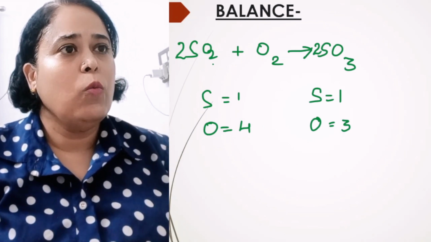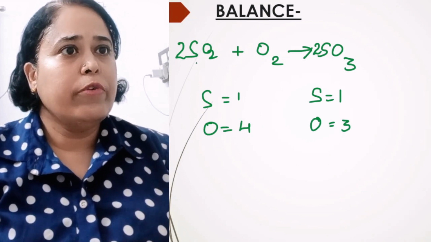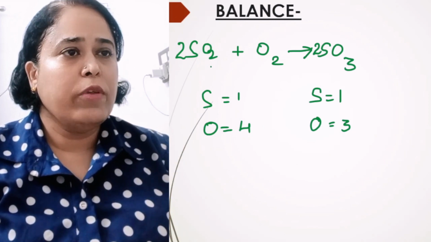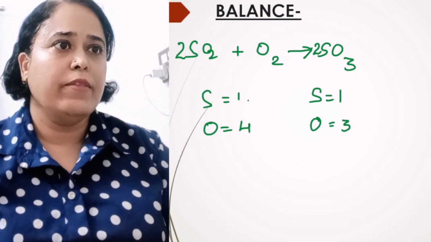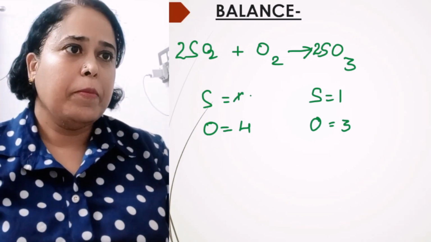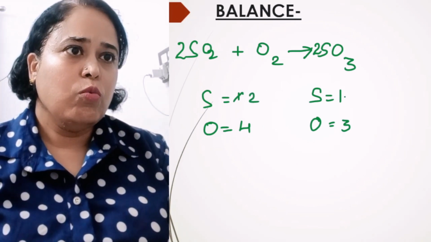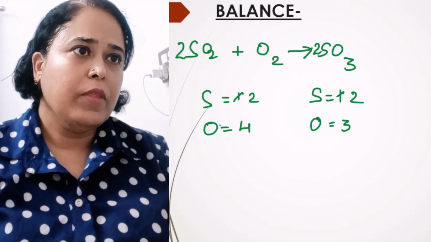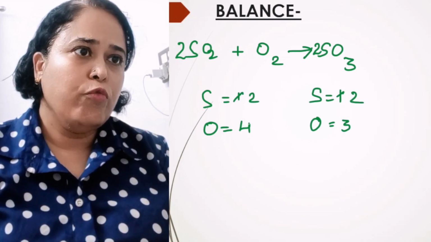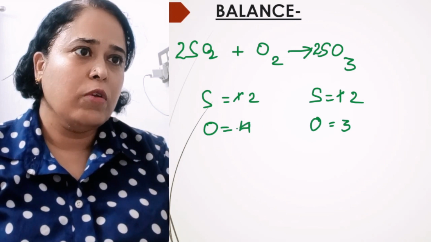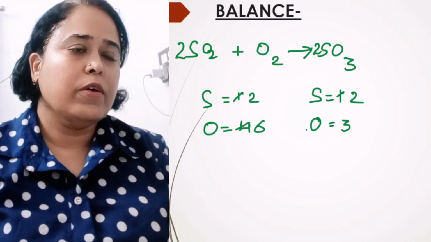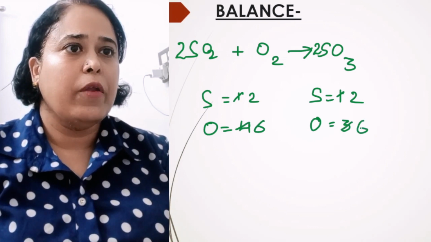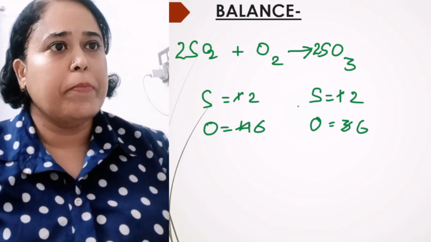Is it balanced now? 2 sulfur, 4 plus 2, 6 oxygen, 6 oxygen, yeah, it's balanced. 2 on the reactant side, 2 on the product side, 2 into 2 oxygen, 4 oxygen plus 2, 6. 6 on the reactant side, 6 oxygen atoms on the product side. It's balanced.